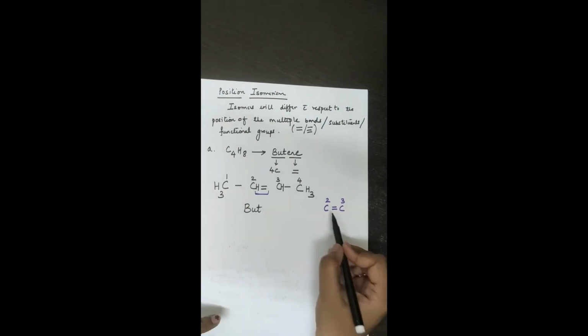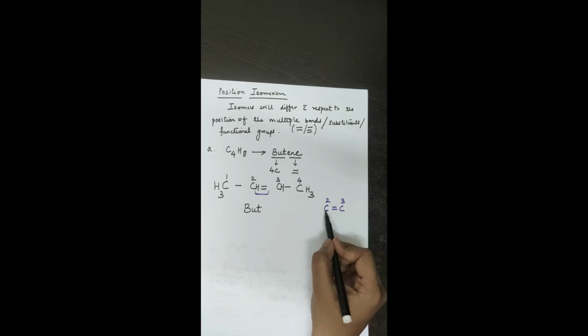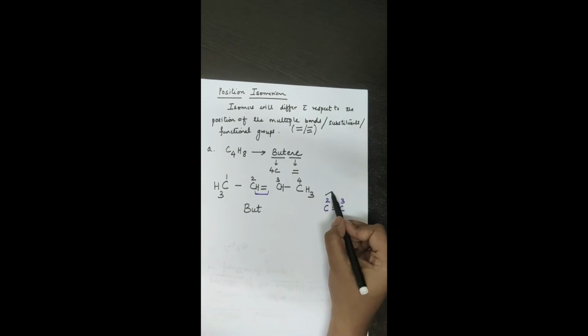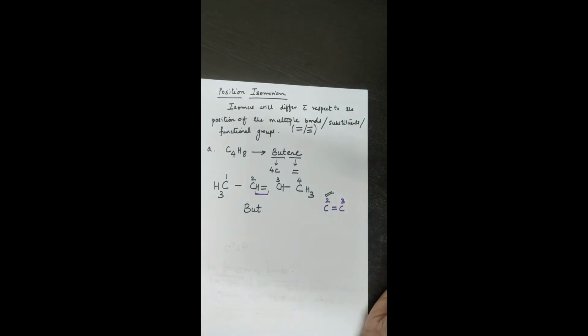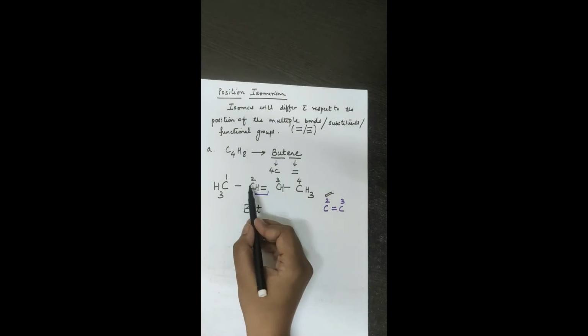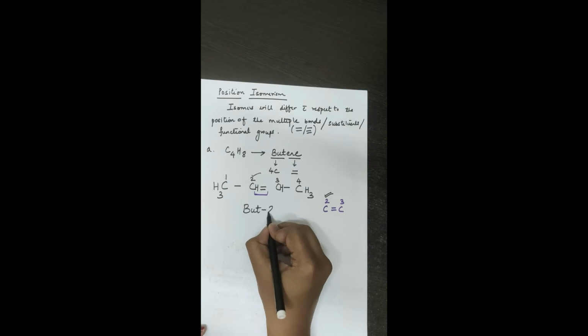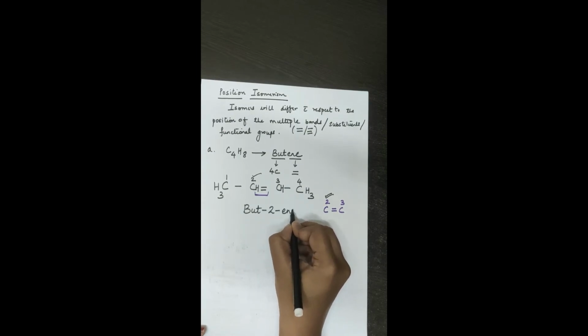You would have already done under IUPAC nomenclature. When we have a double bonded system, or if we have a triple bonded system, that would be present between 2 carbons. Now which number will we take? We'll take the number which is a lower number, right? So out of 2 and 3, which one goes for the naming? We'll take number 2. So but 2 and what else?